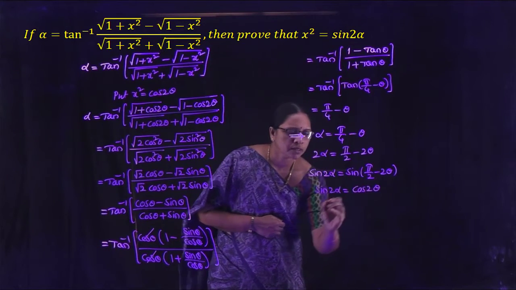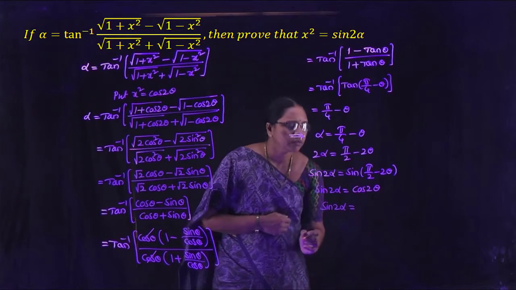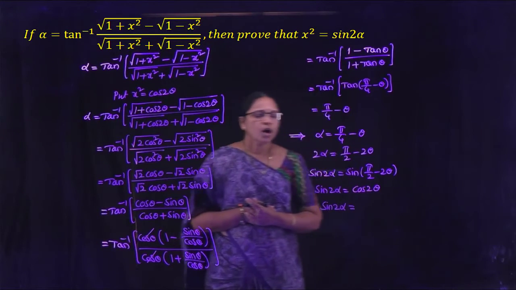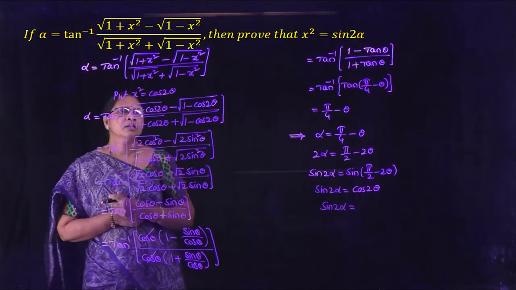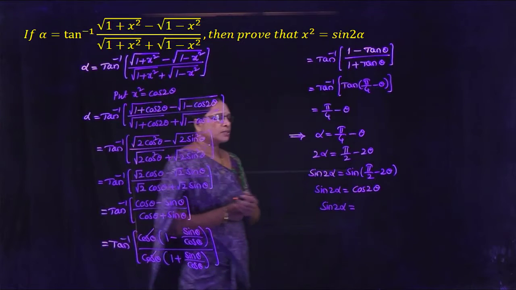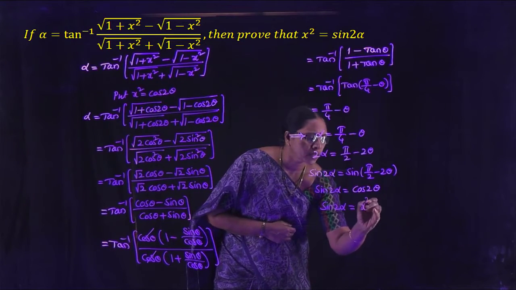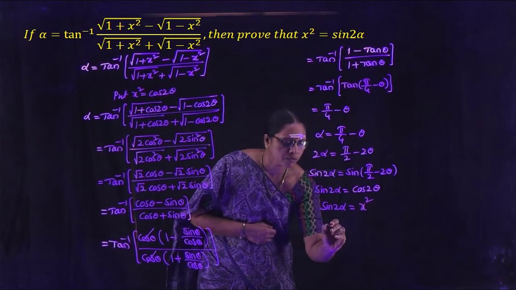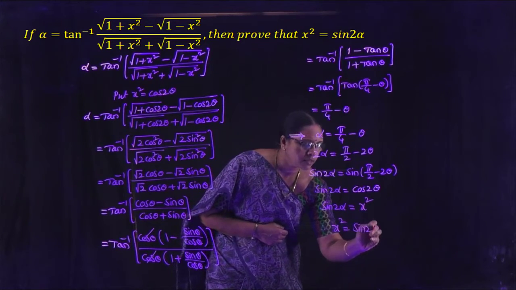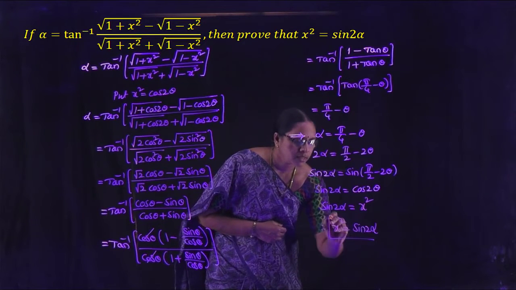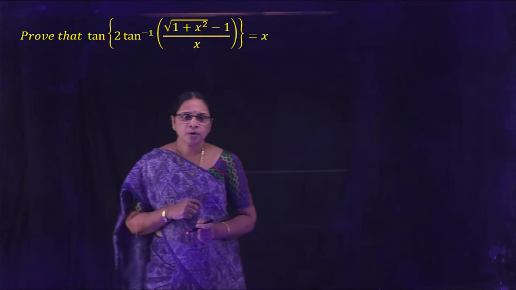Here we know that cos 2 theta is x square. Therefore sine 2 alpha equal to x square. Therefore x square is equal to sine 2 alpha. Hence proved the result. See the next problem.